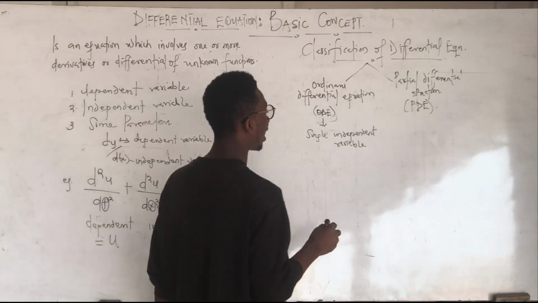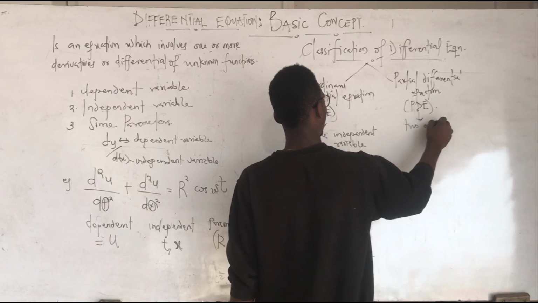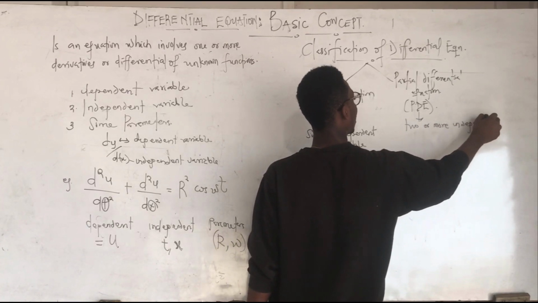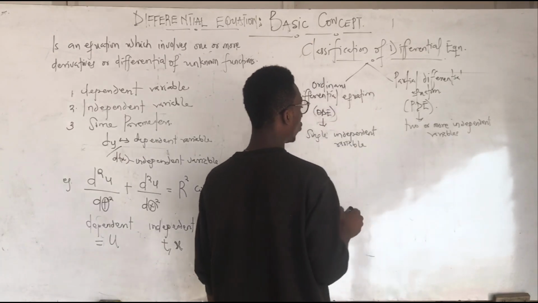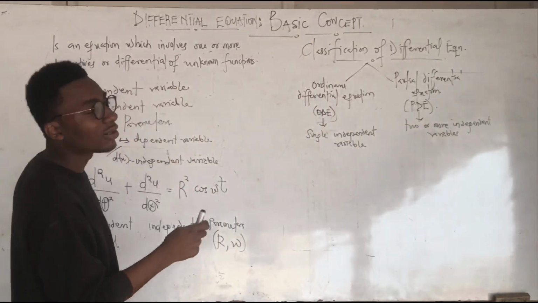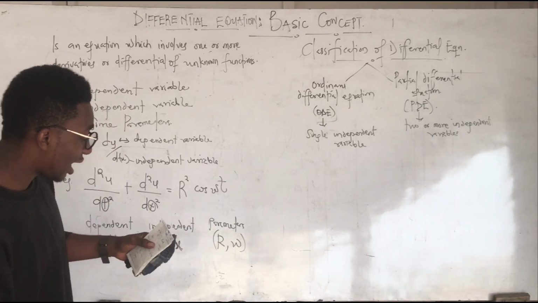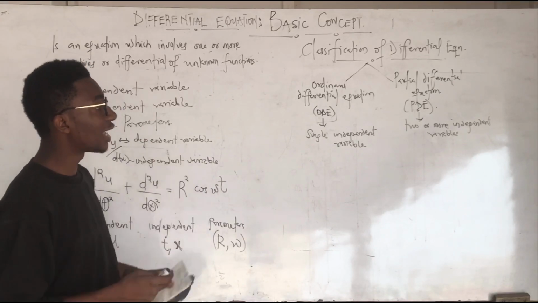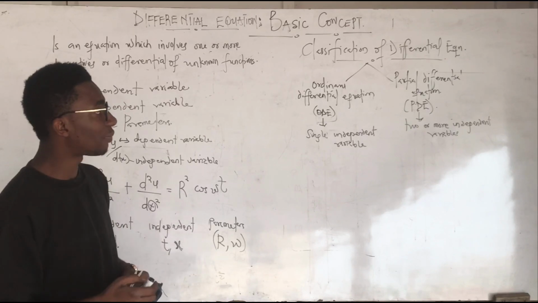But if the equation has two or more independent variables, then the equation is called a partial differential equation.